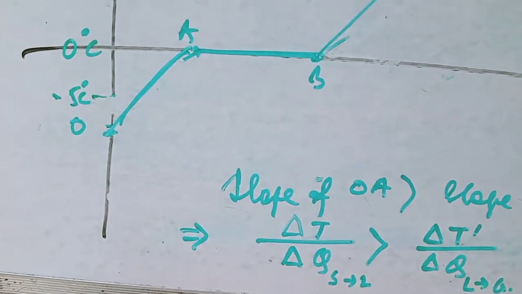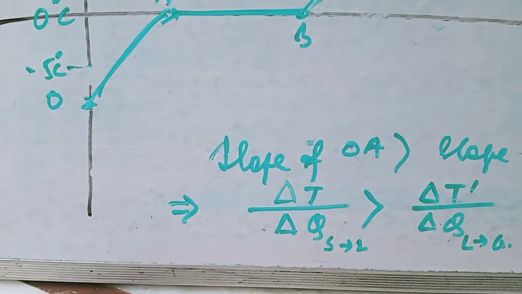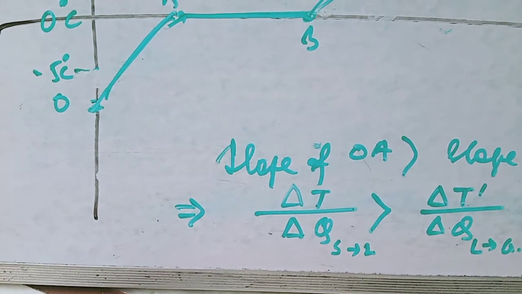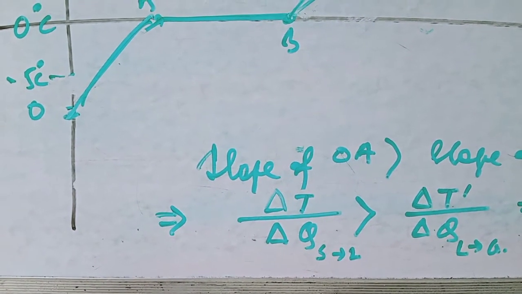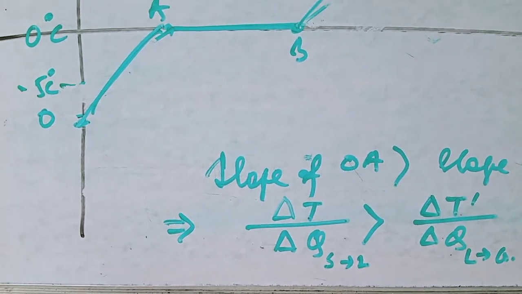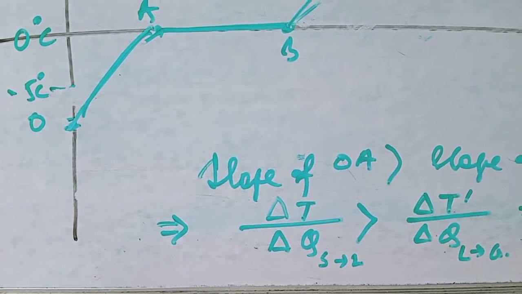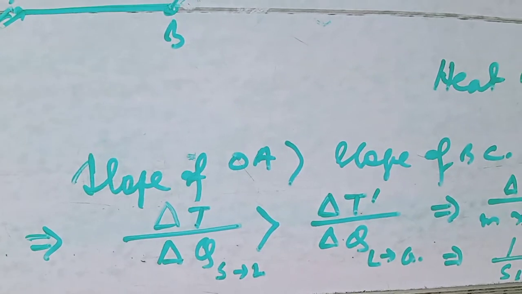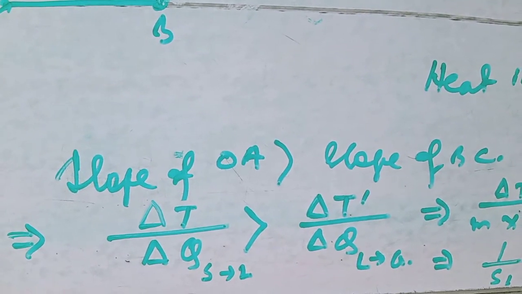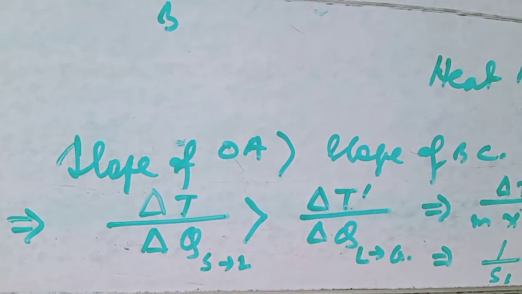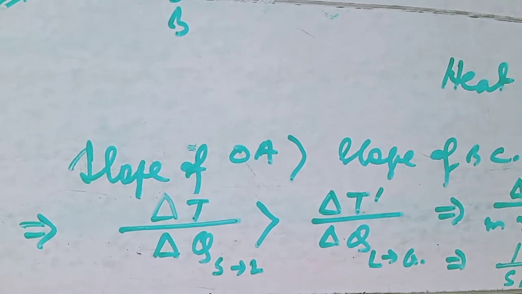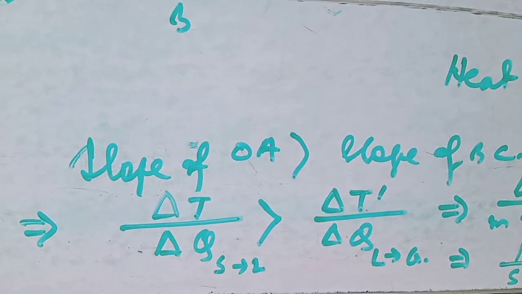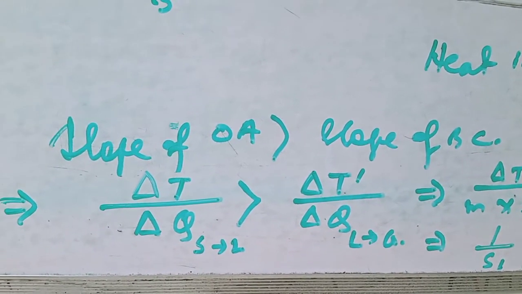Sorry, I have written a wrong thing here. It is not solid to liquid, it is solid to solid, from minus 5 degrees Celsius to 0 degrees Celsius or minus 10 degrees Celsius to 0 degrees Celsius. And here it is liquid to liquid, not liquid to gas, from 0 degrees Celsius water to 50, 60, 70, 80 or 90 or 100 degrees Celsius water. Let us consider 100 degrees Celsius water. So from the graph we get it here.